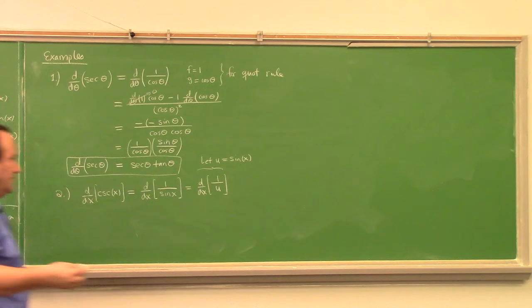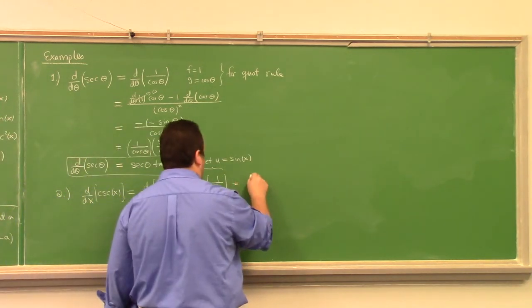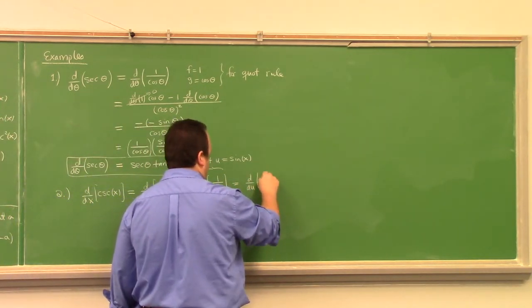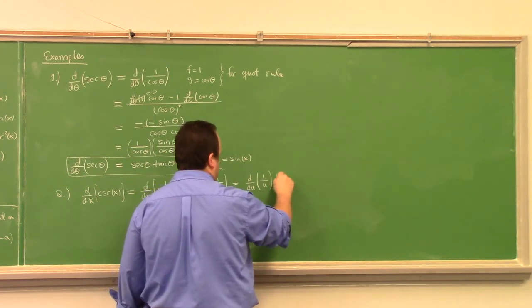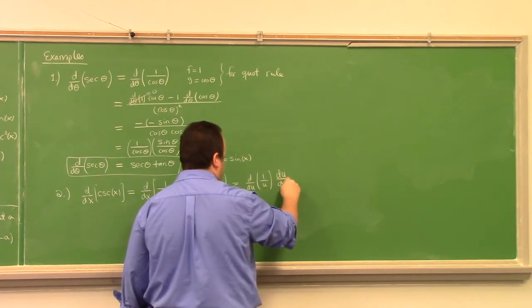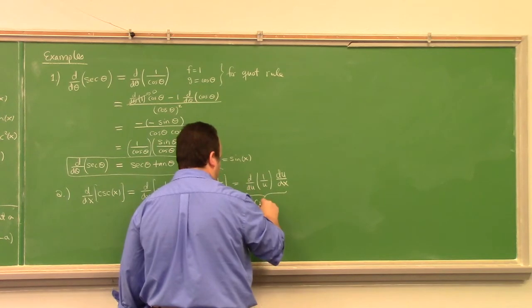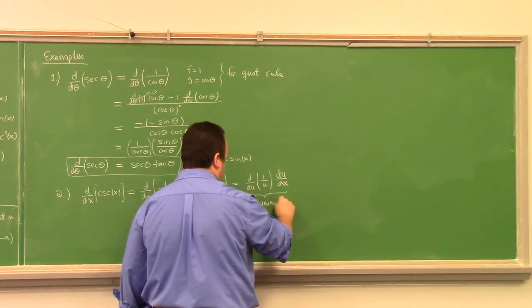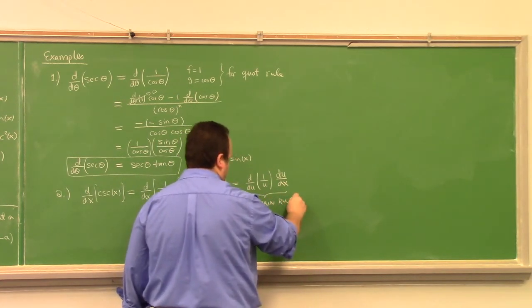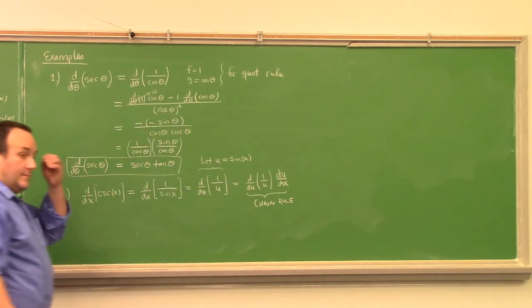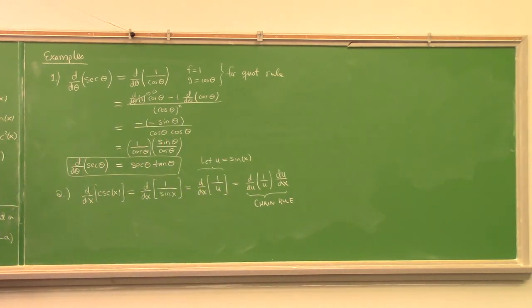Because the chain rule says that this is equal to d du of 1 over u times du dx. So this is the chain rule. What's the derivative of 1 over u? Right. We have to change x to u, but it's minus 1 over u squared, right?